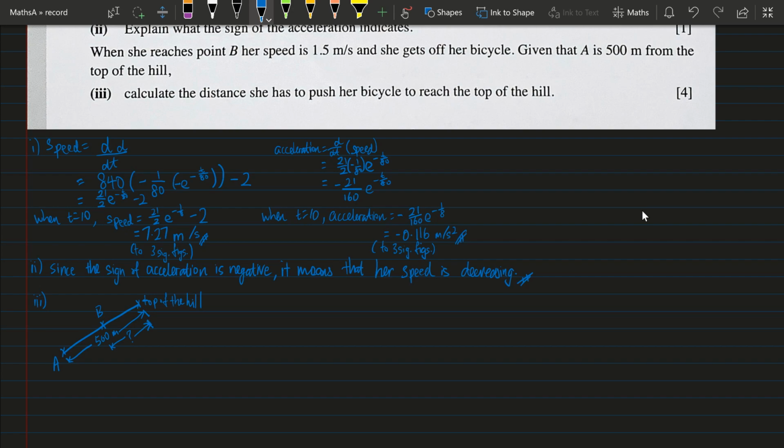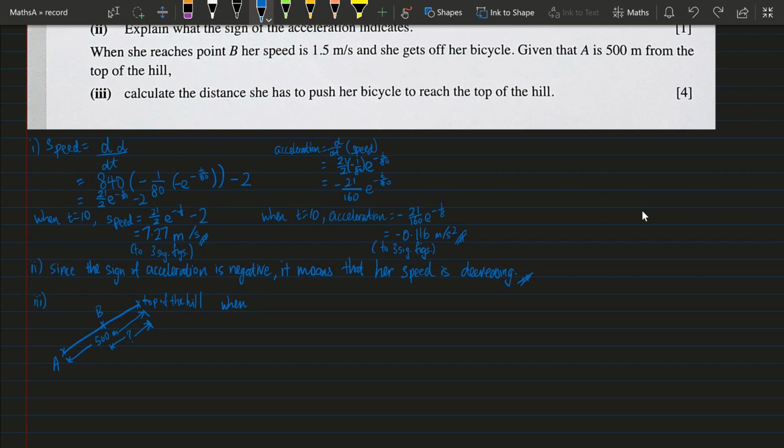Okay? So that really isn't too difficult. You just have to find out at what time she reaches point B. So we know that at point B, her speed is V equals 1.5. I apologize, I didn't define V, I didn't define acceleration here.